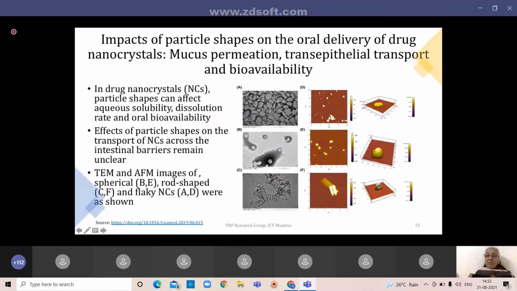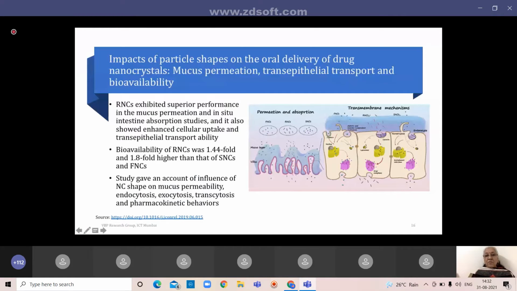After formulating these with the same drug, the authors tried to see whether shape has any effect on oral delivery, absorption, permeation, and the transmembrane mechanisms. This paper very clearly says that rod-like nanocrystals exhibited superior performance, whether in mucus permeation or in situ intestinal absorption.